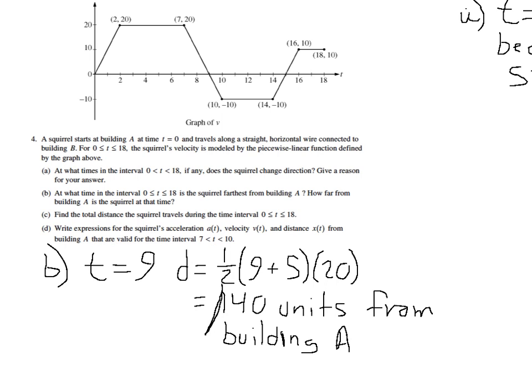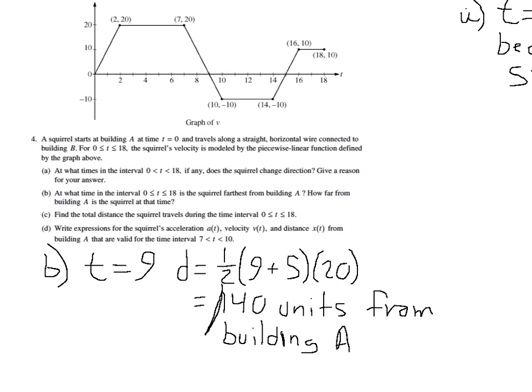Now, in part C, we have to explain the total distance the squirrel travels. Because they're talking about the total distance that the squirrel travels and not how far away from the building he is, we don't need to worry about the fact that this time he's going back towards the building.